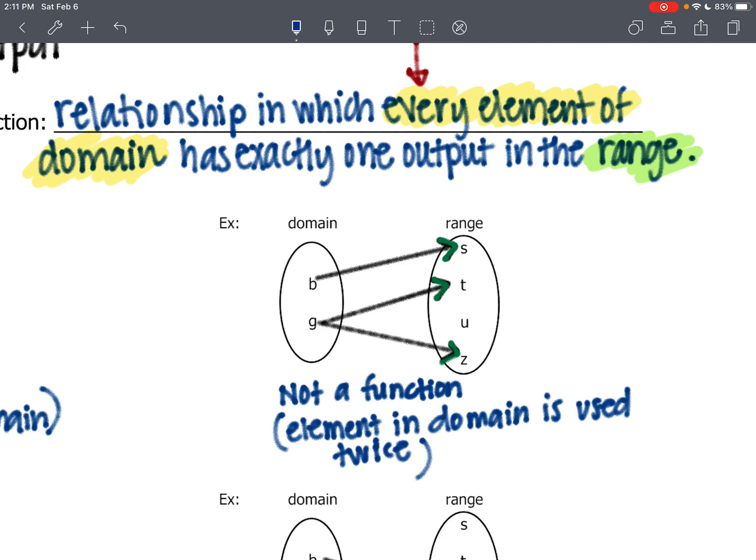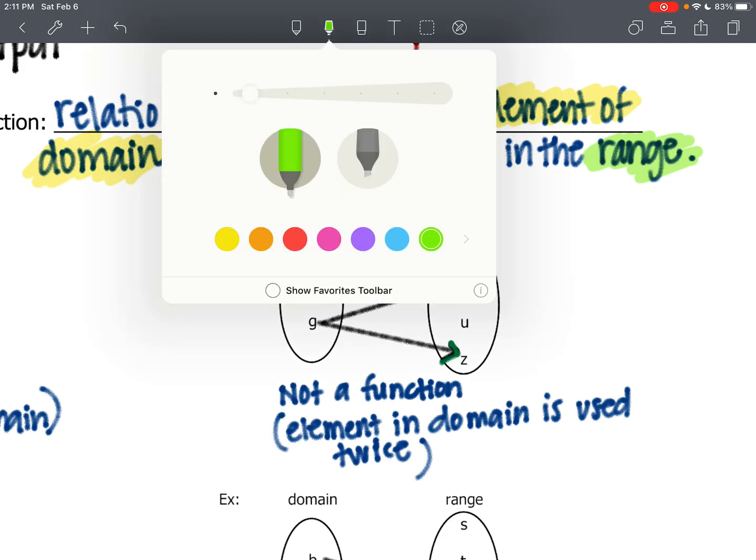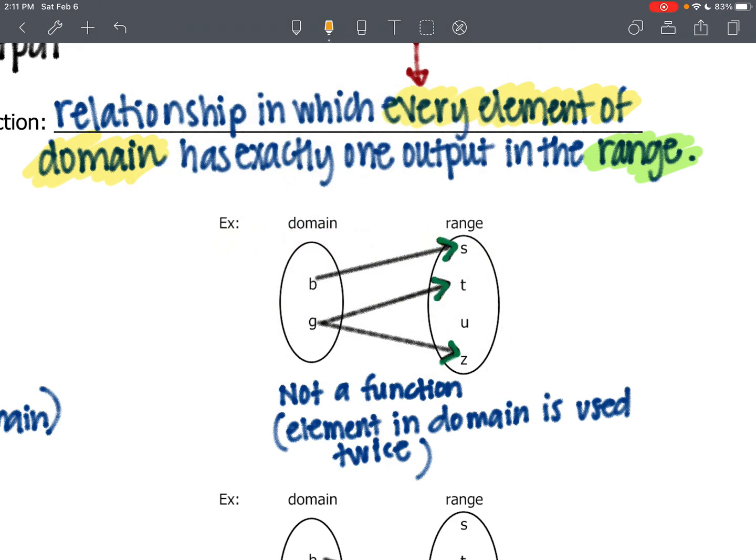And I'm going to highlight for you so that you can see. Let's make that an orange highlight. So an element in the domain is used twice, and that would be this guy right here. And exactly one output right there.